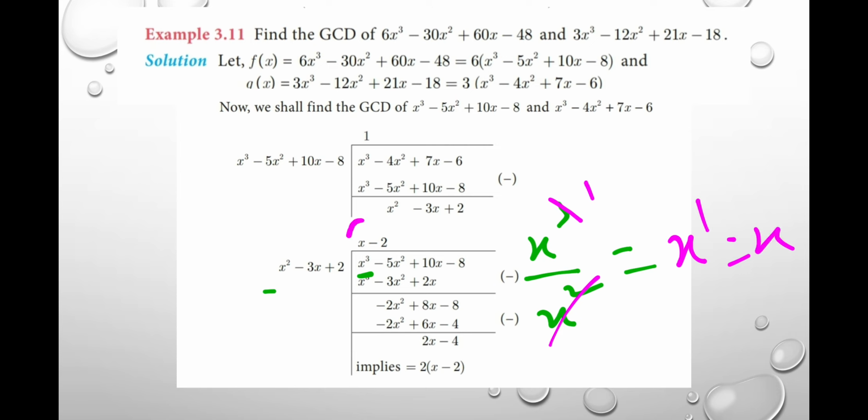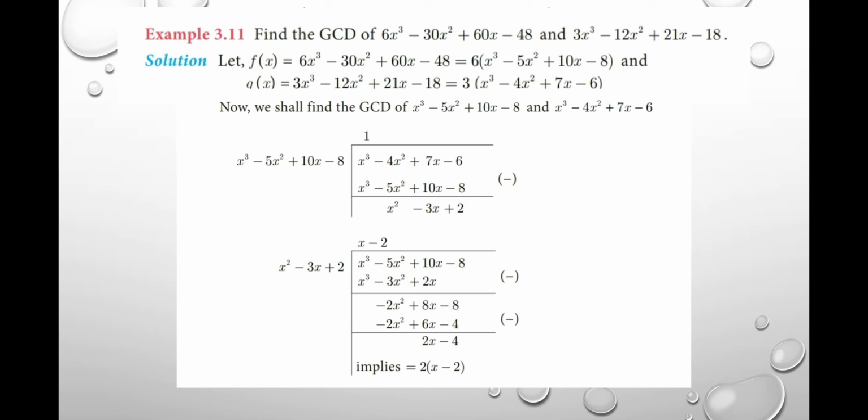So put x here and then multiply each and every term by x. x into x square is x cube, then x into minus 3x is minus 3x square, then x into 2 is 2x.